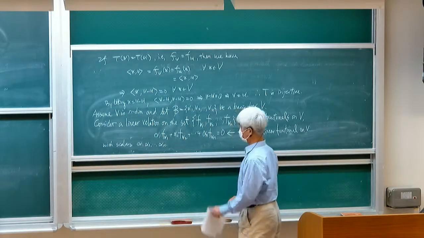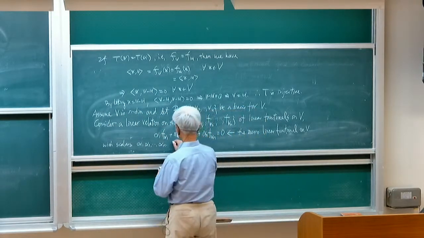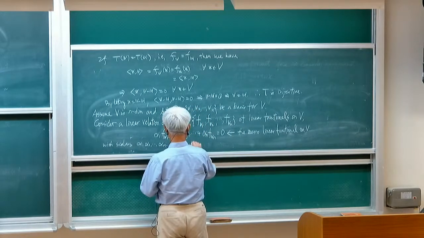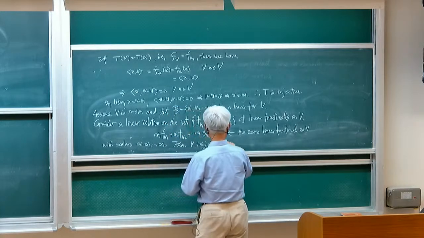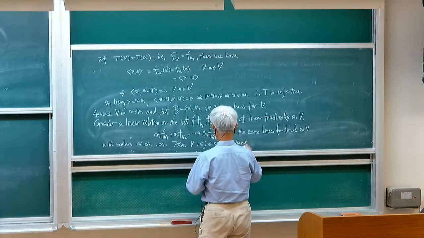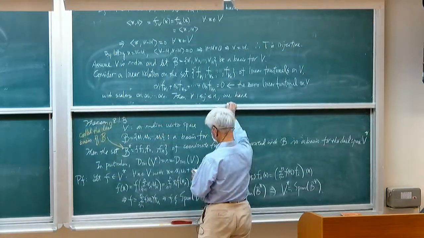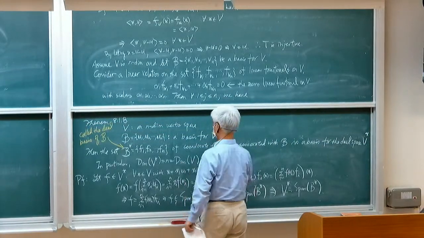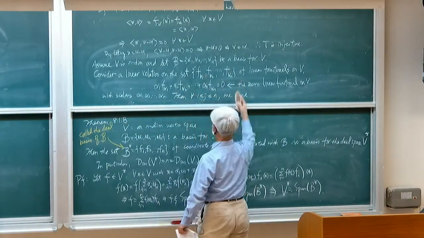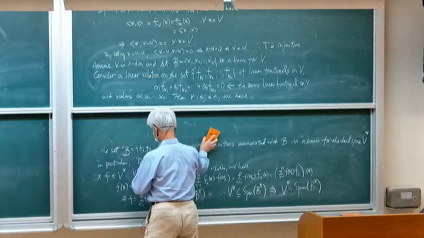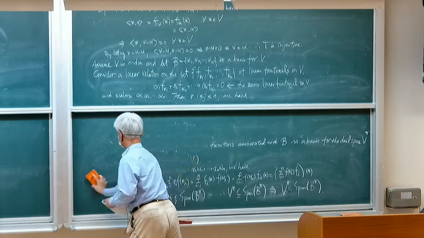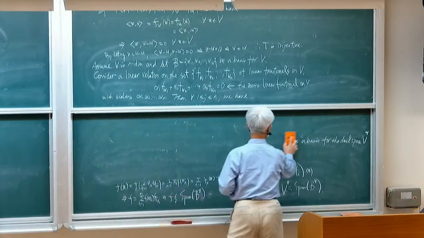So for all j from 1 to n, as before, you can conjecture that this is a linearly independent set.